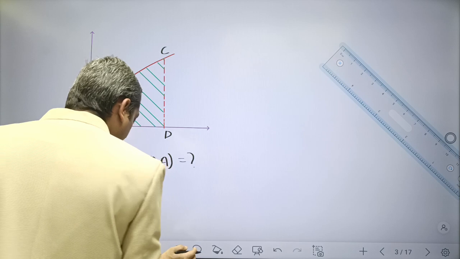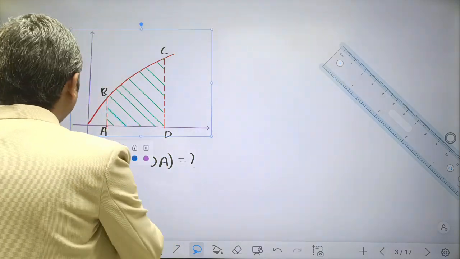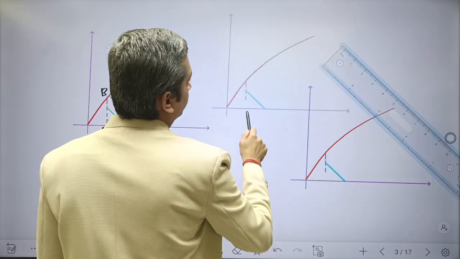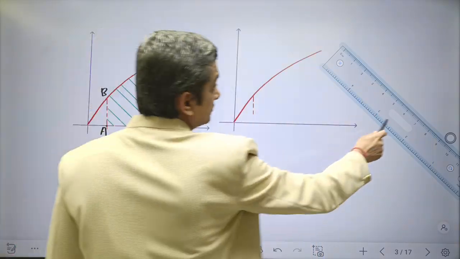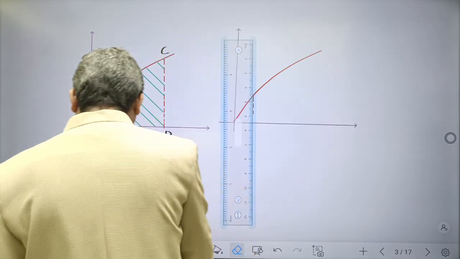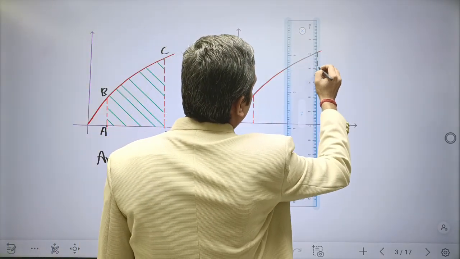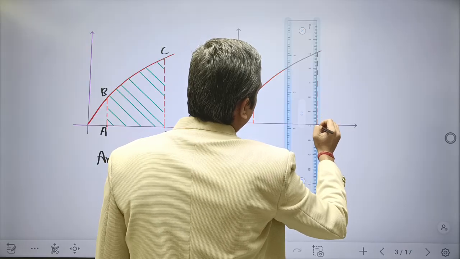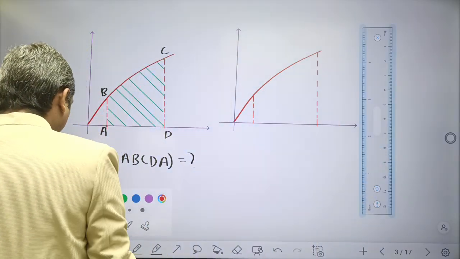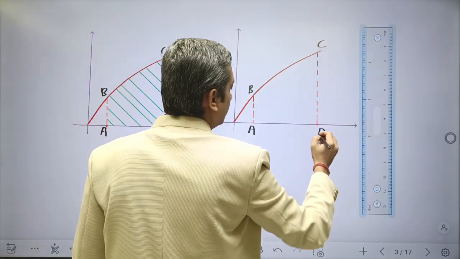First of all, let's complete the figure and name it A, B, C, D.